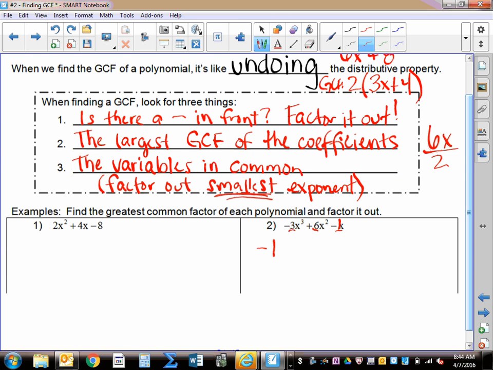So for number 2, do they all have x's? Yeah, they all have x's, but what's my exponent? What's the largest amount I can take out? Just 1. Good, just an x.